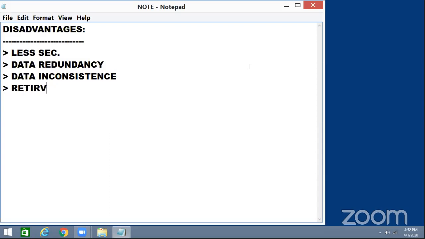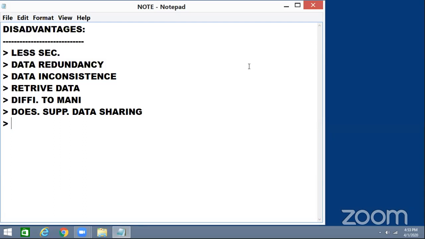Next, retrieving data is very slow. Next, difficult to manipulate the data. Next, doesn't support data sharing.